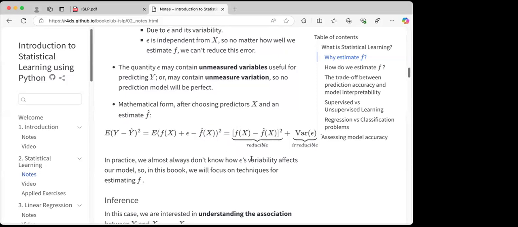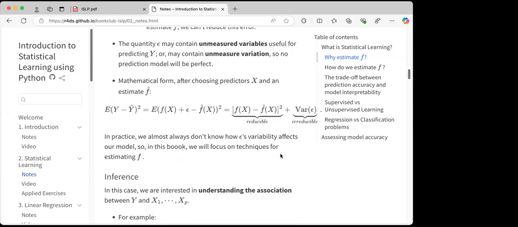Which we could further break down into the reducible part, which is the difference between the true F and the estimated F, and the irreducible error, which is the error term inherent in Y, which we are not able to observe. In practice, we don't know anything about the variance of epsilon, because we don't observe it, so we can't say anything about epsilon.